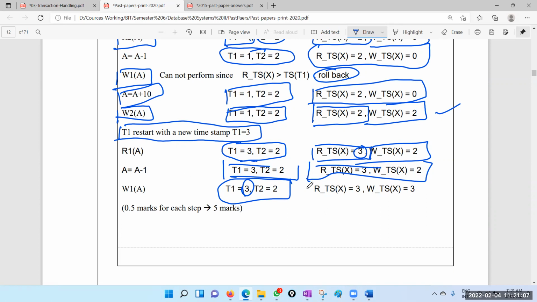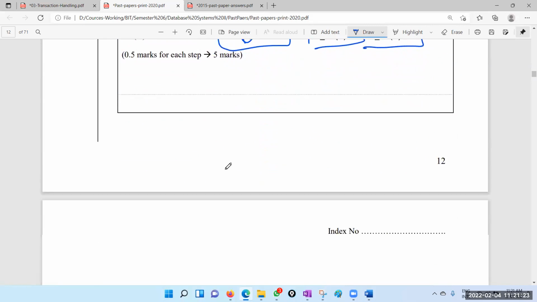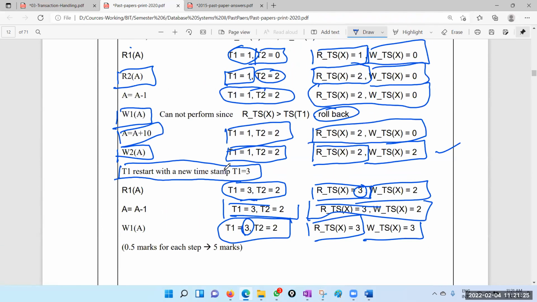And when you do the write, of course, the read timestamp is not changed because you are doing a write operation. You have to update the write timestamp with your timestamp, and you are done. Okay, so that is how it works. I think the examiner has explained it better than me, and that is how you proceed.